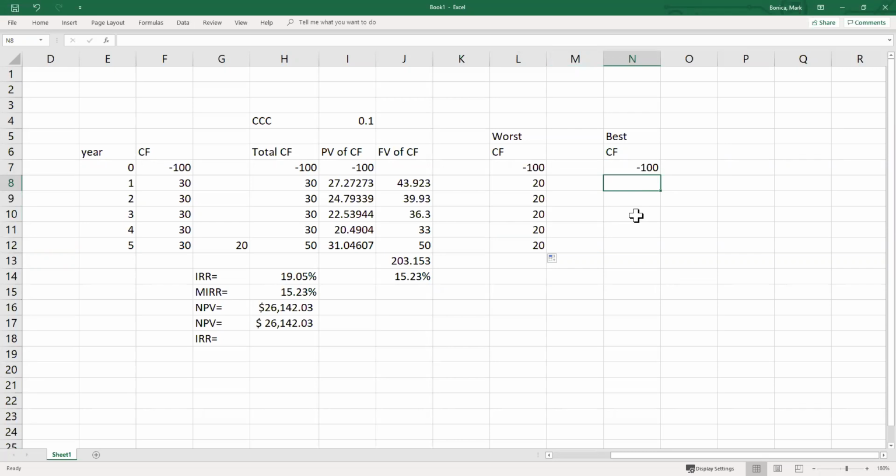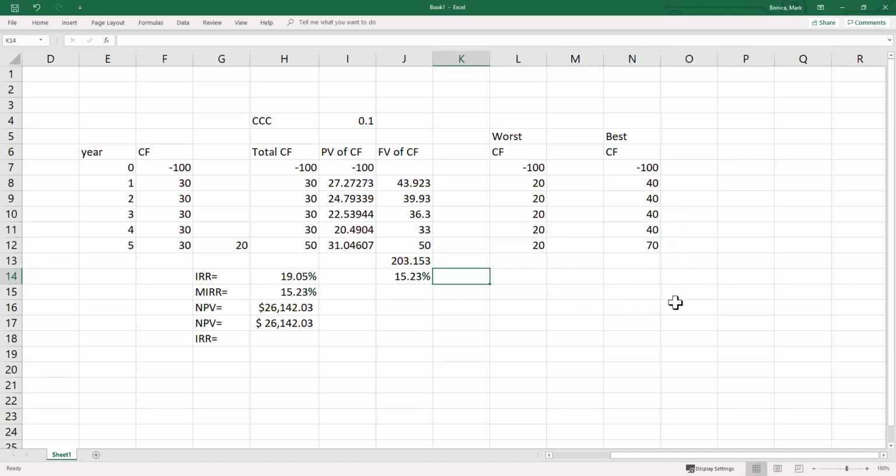And then the best case would be that we get $40,000 per year. Right. And then we would get a salvage of 30,000. So this would actually be 40 plus 30 or 70. So there's your worst, there's your best. So what's it ask us to do? IRR and NPV.